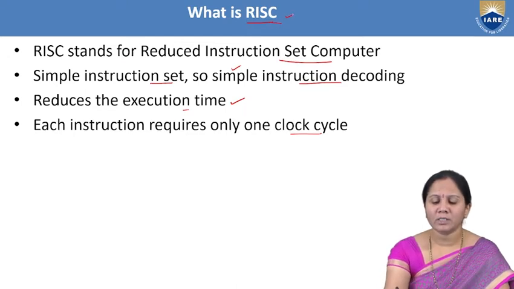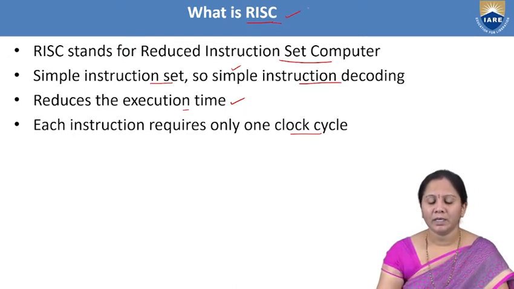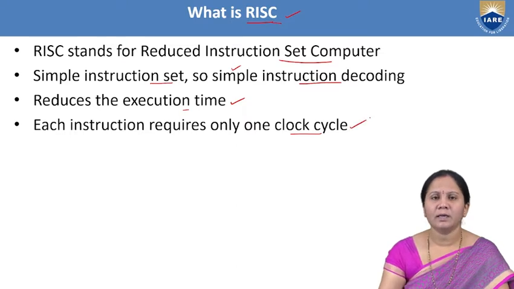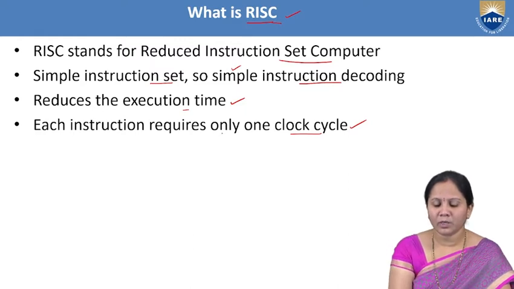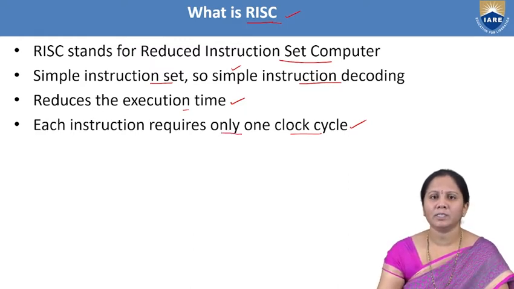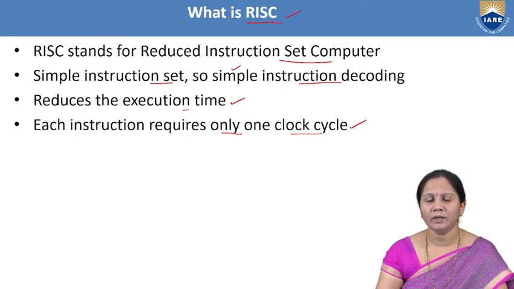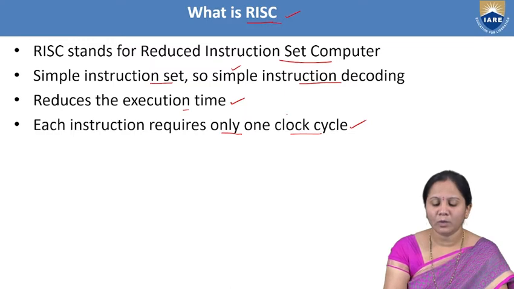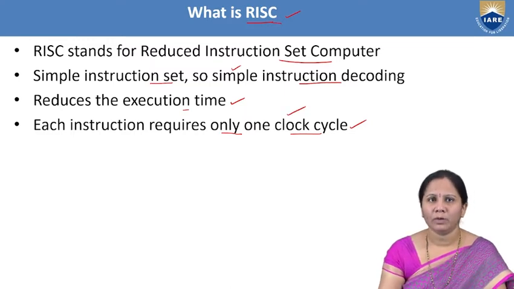In a reduced instruction set computer, the number of clock cycles required to execute an instruction is fixed. Basically, to execute any instruction, the three basic steps are fetching, decoding and executing. These three things can be done within one clock cycle only.